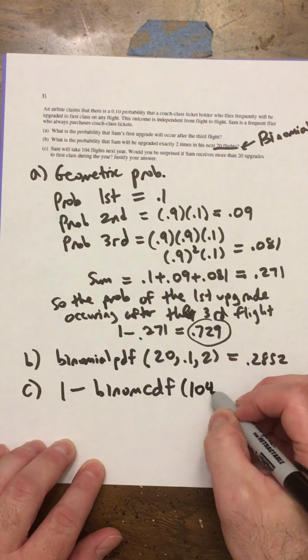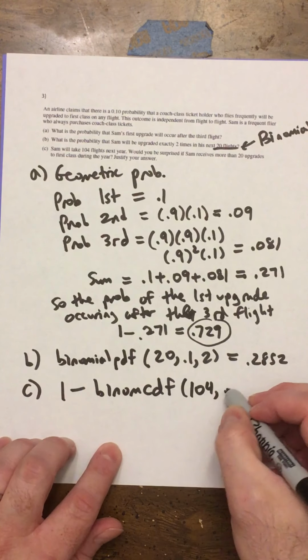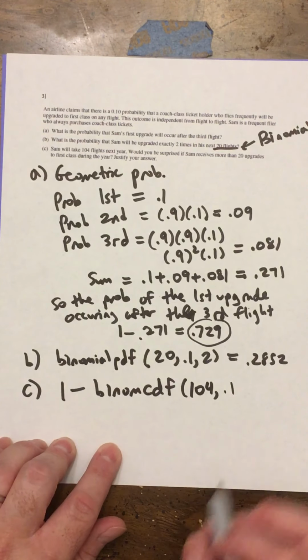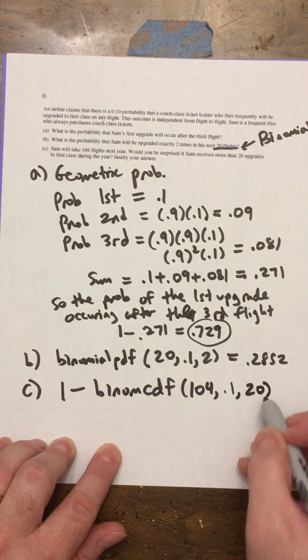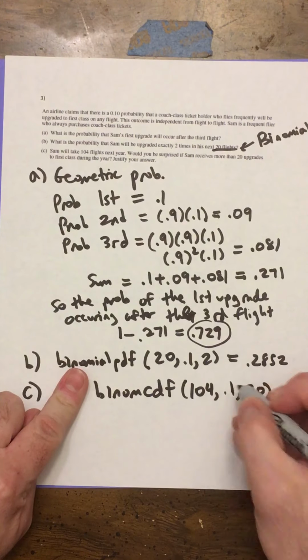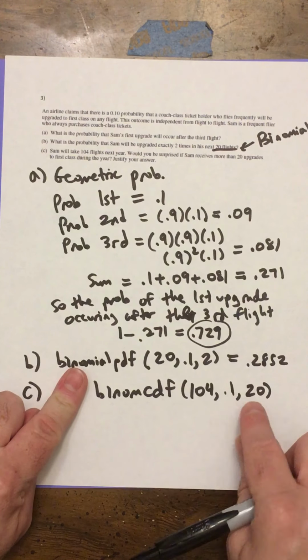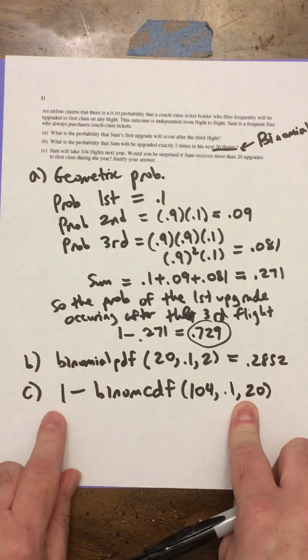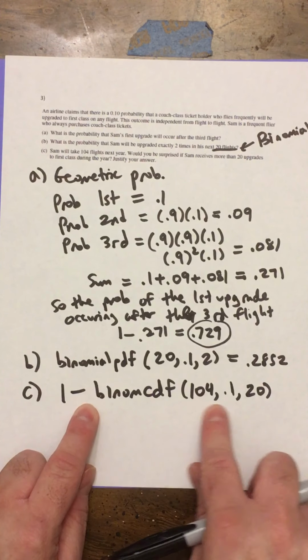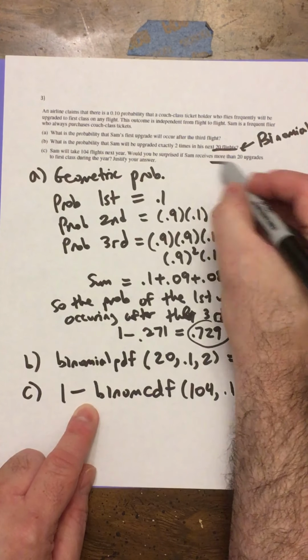So there's 104 total flights in the year. The chance that it gets upgraded is 0.1. And what we want to do is this probability, not with the 1 minus, this probability is the probability of him getting between 1 and 20 flights upgraded. 1 minus this is the probability of him getting 21 or more flights upgraded, because this is more than 20 flights.